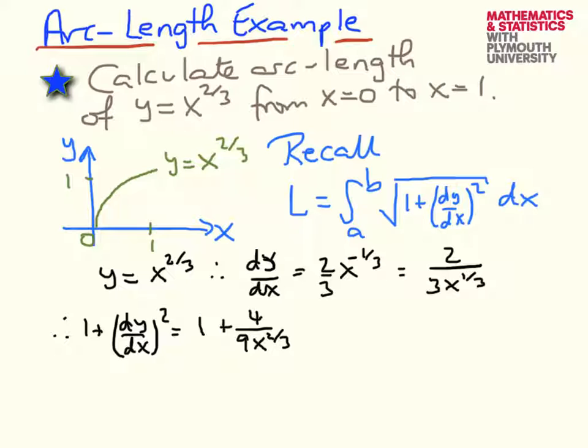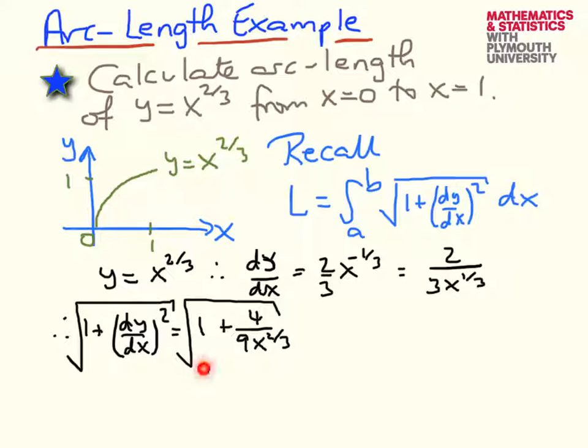And now I can take the square root of all of this. And when I look at this now, it doesn't look very easy to integrate, so I'm going to have to manipulate it in some way. And I think the only thing that I can imagine doing is putting everything inside the root on a common denominator.